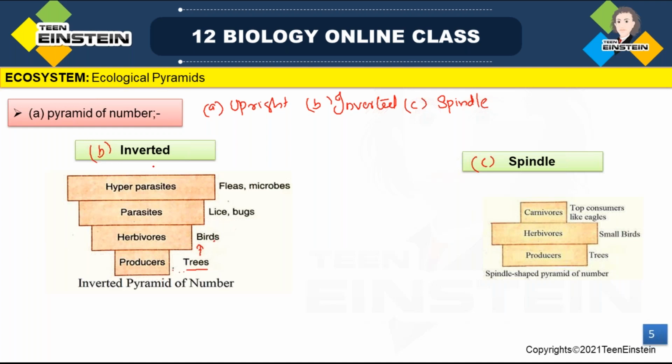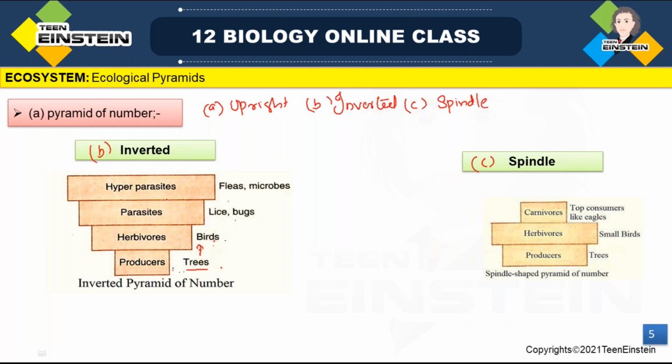But when it is coming to the inverted one, what can we say? Producers, trees. The trees will be less in number, right? Big trees. Then on that, so many birds will be there, right? And on these birds, so many bugs will be there. On a single bird itself, we can see so many bugs living as parasites, right?